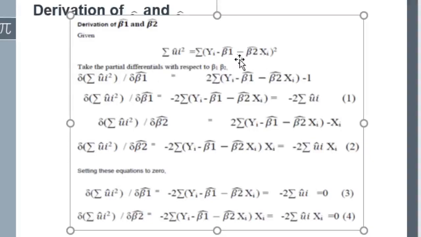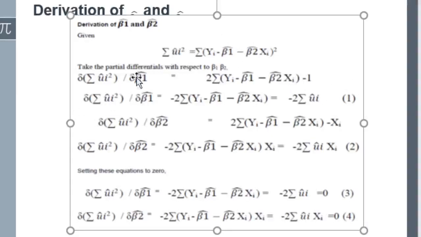If we treat this as u square, then the differential is 2 into u, that is yi minus beta 1 cap minus beta 2 cap xi, then the differential of beta 1 cap, which is minus 1.